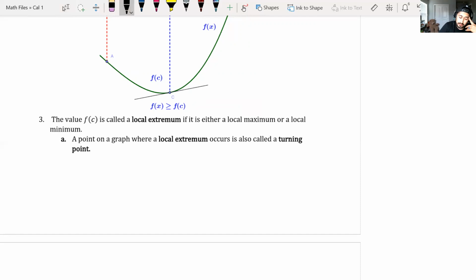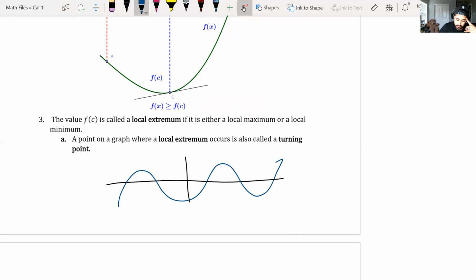So if I just draw a little sketch down here, let's say here's my graph, and we have something like that. Well, this would be a local maximum and also considered a turning point because the graph changes direction, going from increase to decrease.